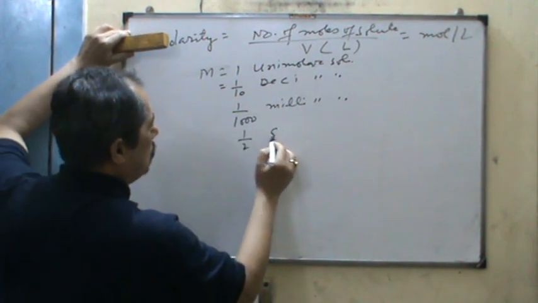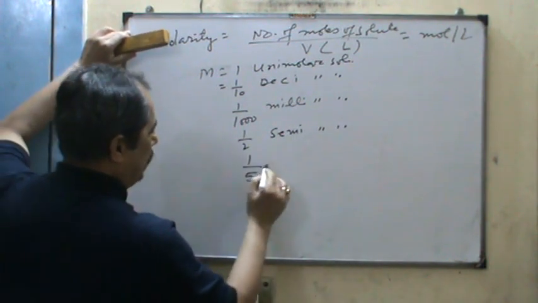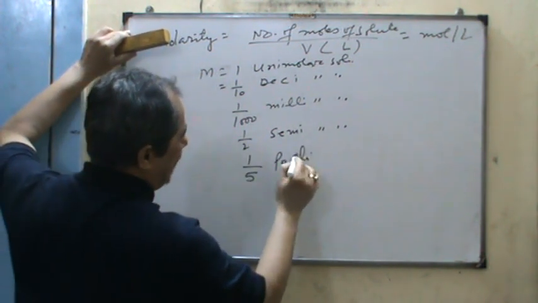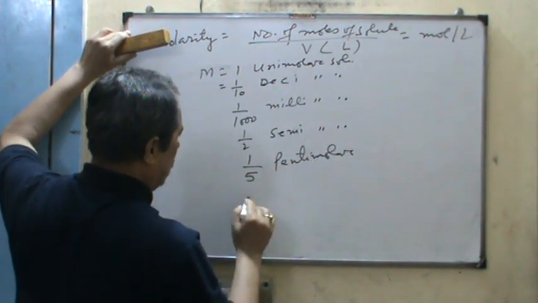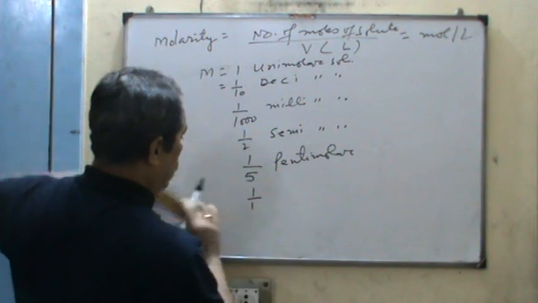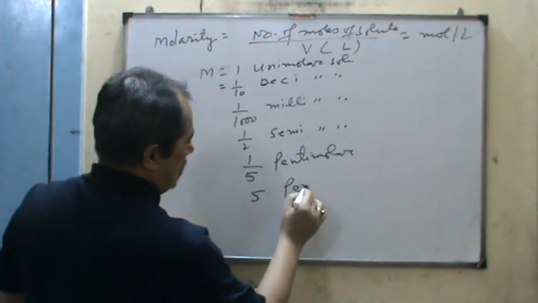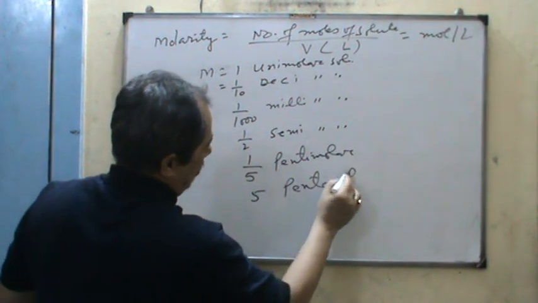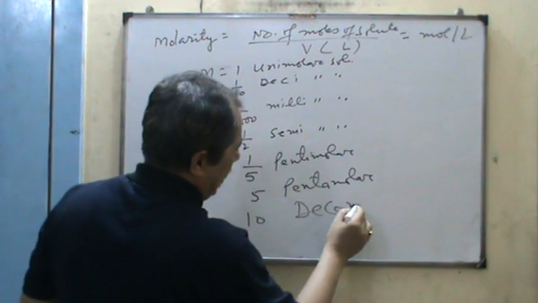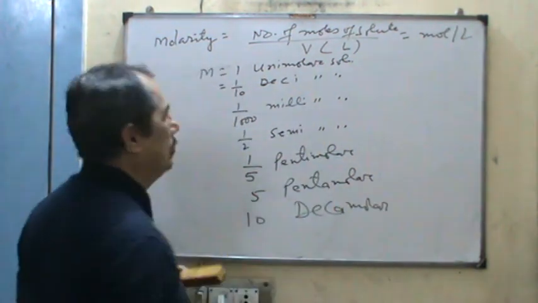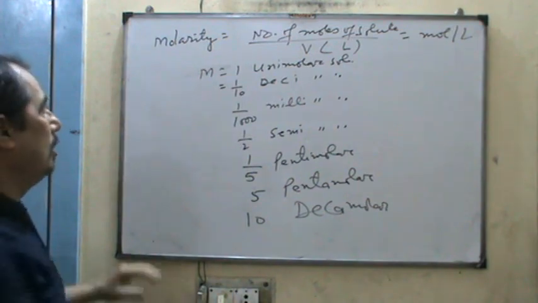If 1 by 2, it is semimolar solution. If 1 by 5, it is pentimolar solution. If it is 5, then you can say it is pentamolar. If it is 10, it is decamolar solution. This is the way concentration can also be given.